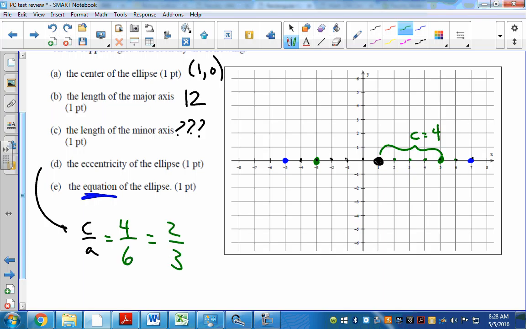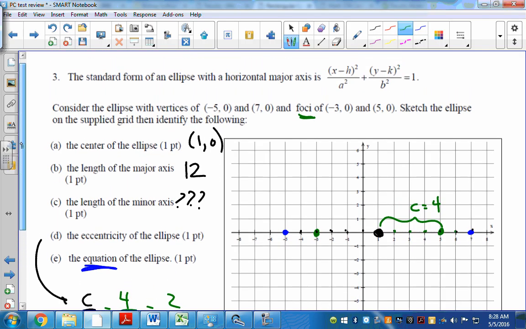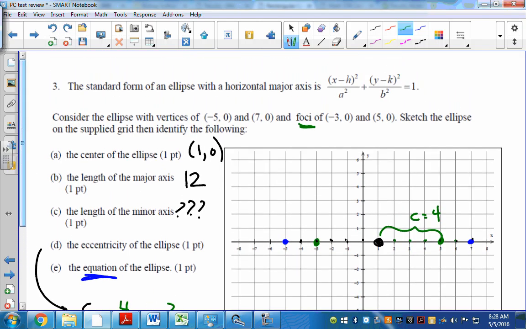So we've got that. Now the last thing we need to do is figure out what this B number is. Here's our standard form. We've got the center, so that gives us H, K. We've got the semi-major axis length, which we said was 6, so 6 squared is 36. What we don't have is this B number. That's going to be the length of the semi-minor axis. And how do we do that?